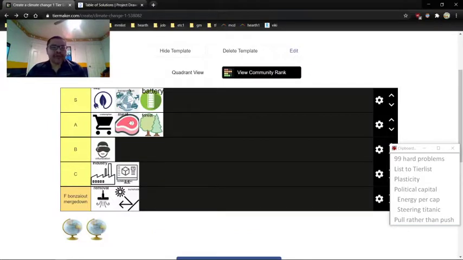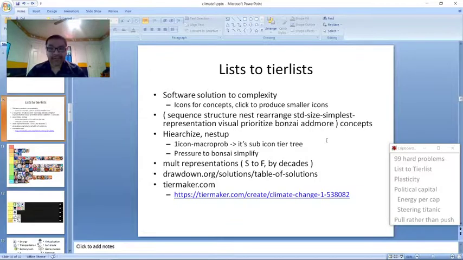So for the icon slash topic slash mental artifact of energy, we can make a second tier list that's nested under this icon. So you can double click this icon and it will provide the next tier list.